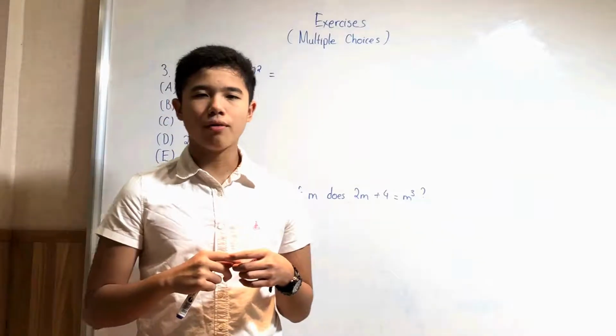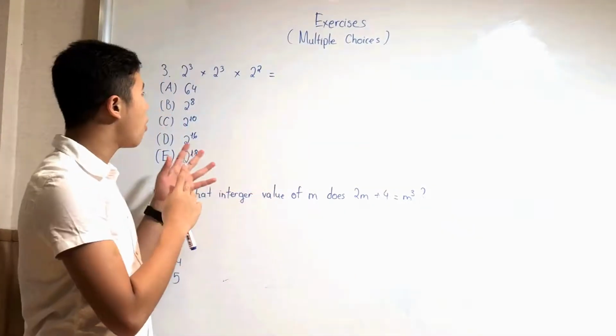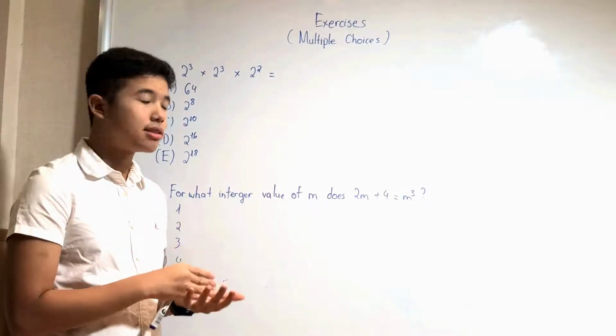The easiest way of thinking about this question is not to change all the 2s into numbers. That will be quite complicated.